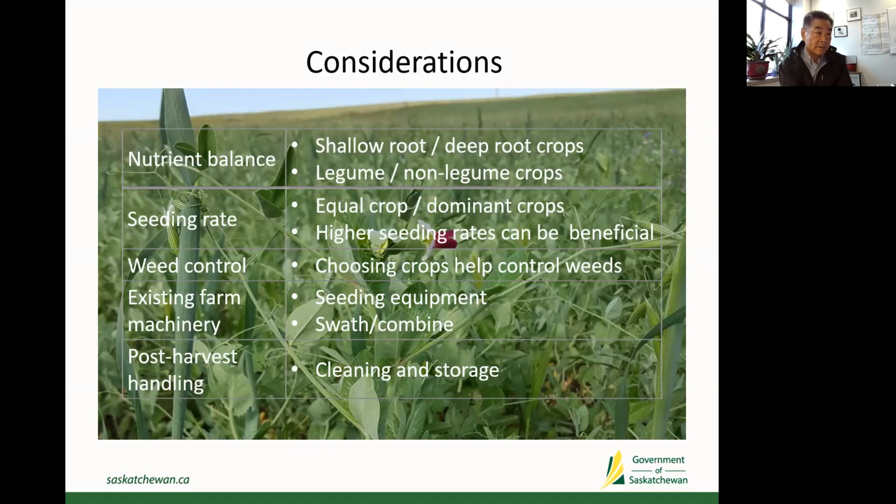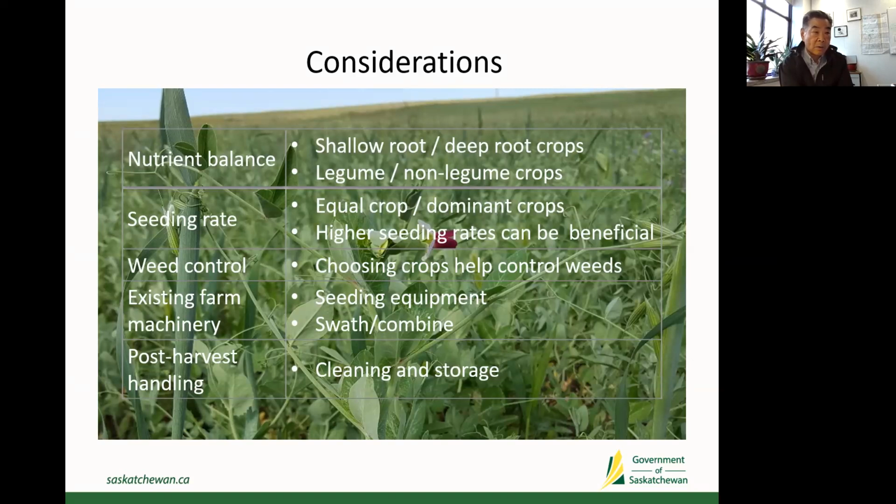And the seeding rate is another consideration when you do this intercropping. There are two types. One is the equal crop, like 50-50%, where you basically have two crops that are equivalent. And you can also use the seeding rate to control a dominant crop.